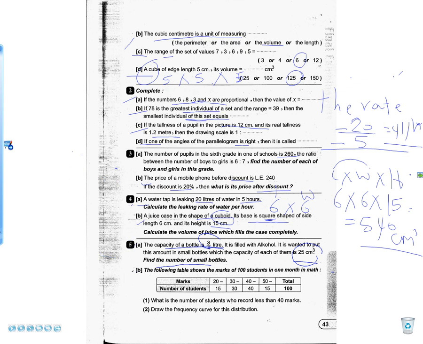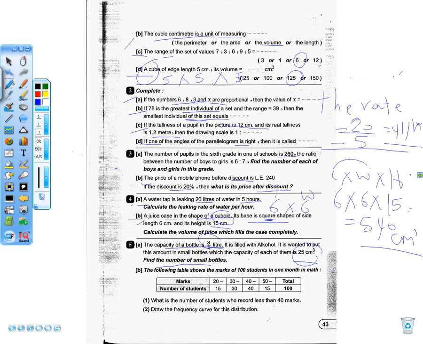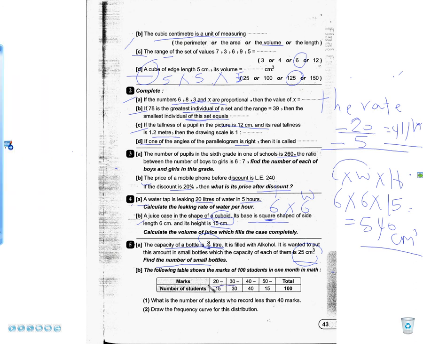The guide is the first two numbers. We add the first two numbers, 20 and 30, over 2. 20 plus 30 is 50, and 50 over 2 equals 25.